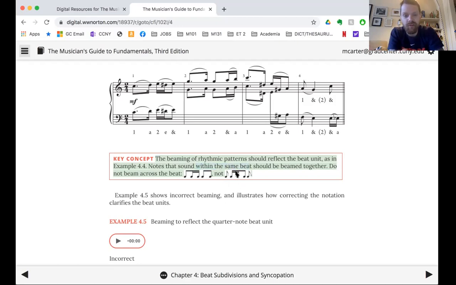And if this is confusing, look here. On beat 1, this first 16th note would be on the 'and': 1 and. So we can't have the 'and' start a beam, right?